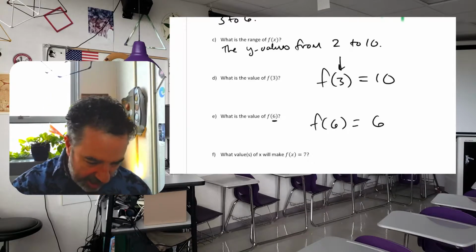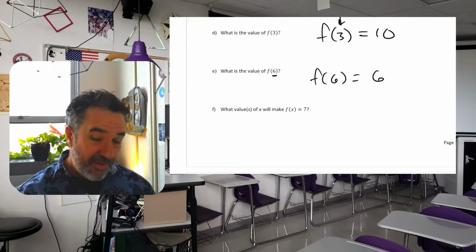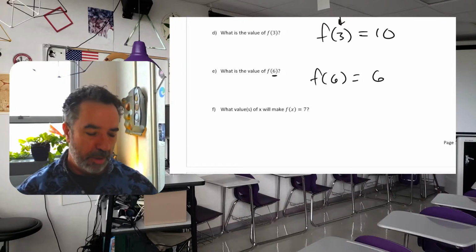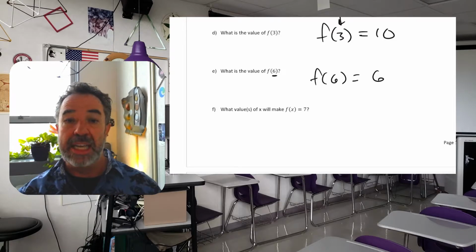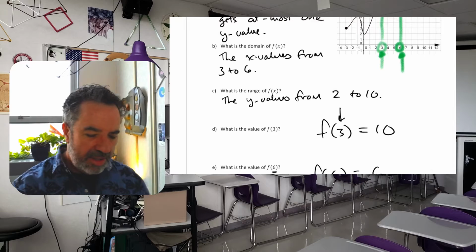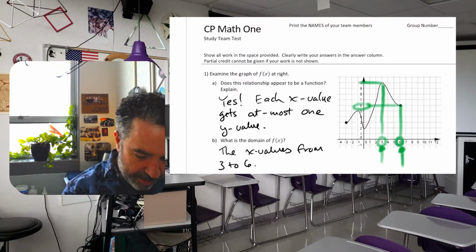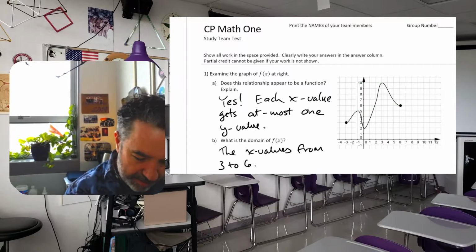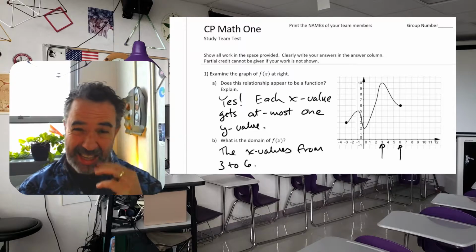And then the last question on this page says, what values of x, possibly plural, there could be more than one, will make the function give you back a 7? So this is a different question. Before I was giving it 3 and 6, and asking what does it give me back?